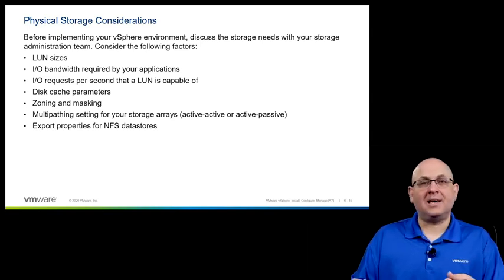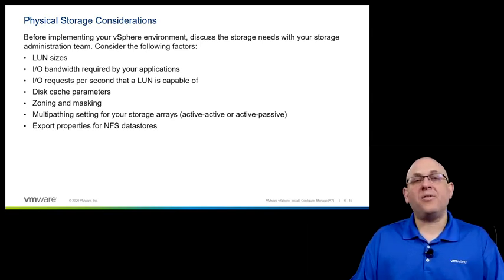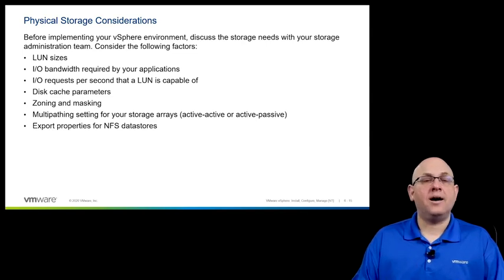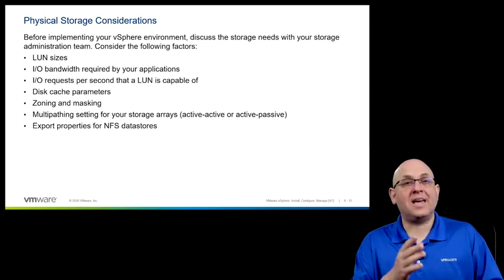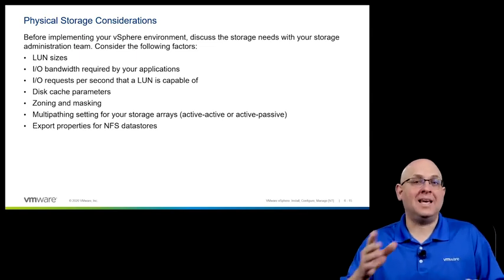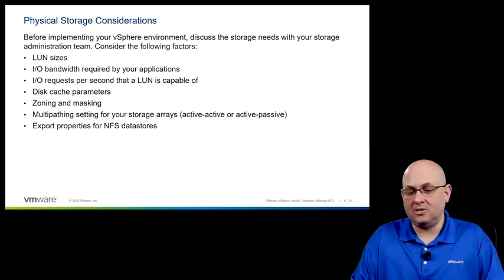Think about things like disk caching. Think about things when you're considering Fibre Channel, like zoning and masking, making sure that each of your ESXi hosts can see each of those LUNs with an identical presentation.